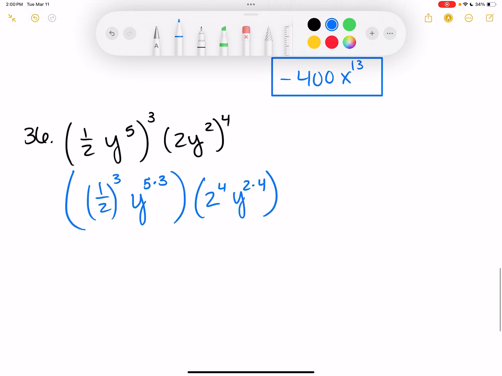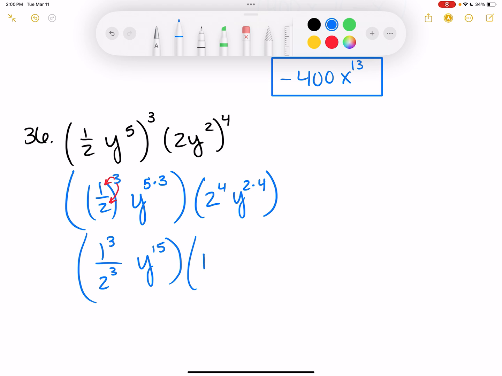If I have a fraction, and I'm sure this will come in a later section, the exponent gets put on both of these pieces. So this is the same thing as 1 cubed over 2 cubed. Then this becomes y to the 15th. 2 to the 4th is what? 16.